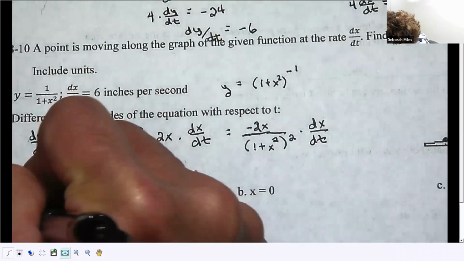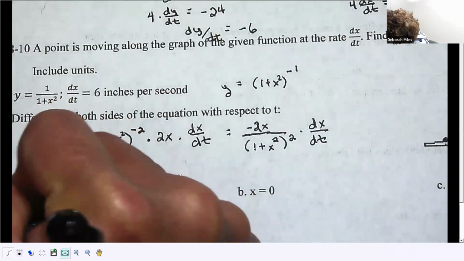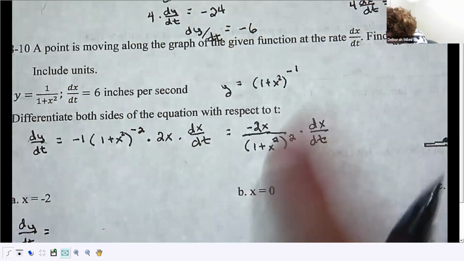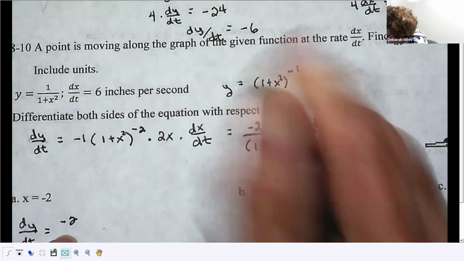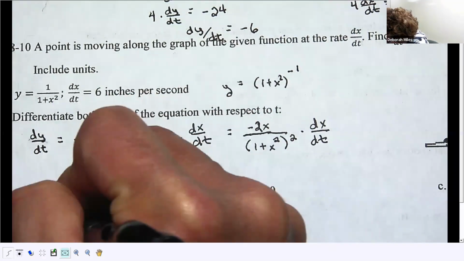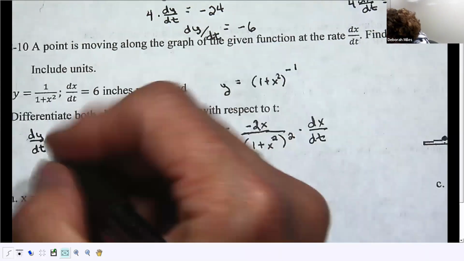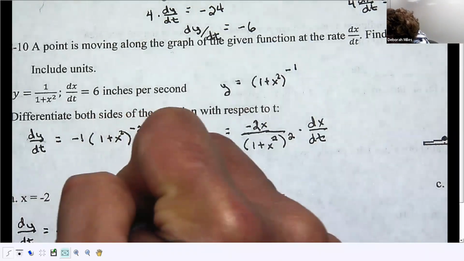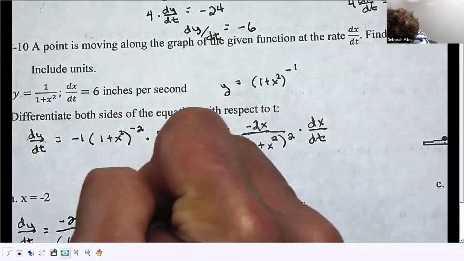When x is -2, dy over dt would be -2 times -2 over 1 plus -2 squared.